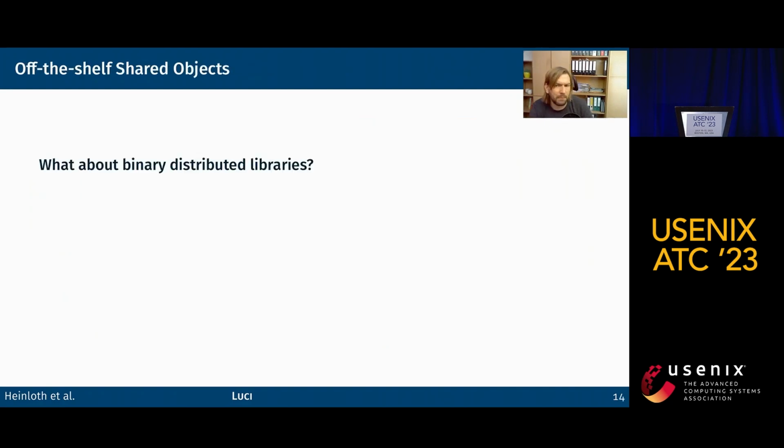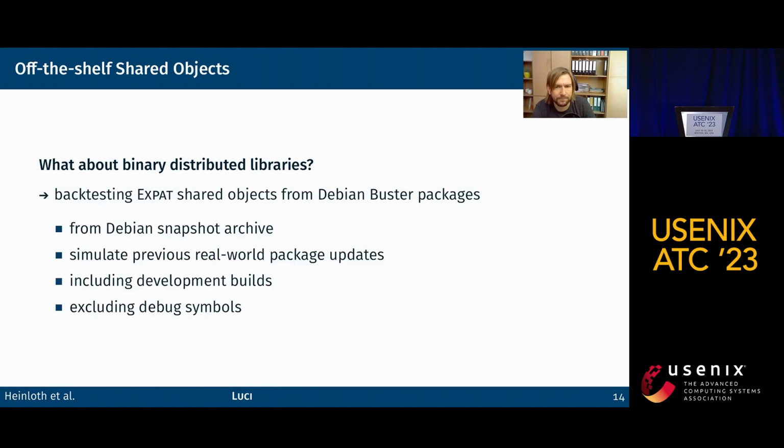Well, but how does Luci perform on distributable binaries, which sometimes use different build environments or update build tools for creating new packages? To evaluate such off-the-shelf files, we backtest all Expat shared objects released in Debian Buster, hence simulating the historic package updates. One remark: since we were not able to retrieve debug symbols for each package in the snapshot archive, we fully ignore debug symbols here.